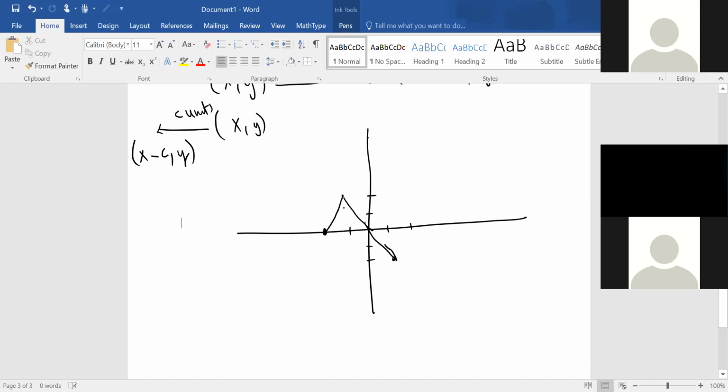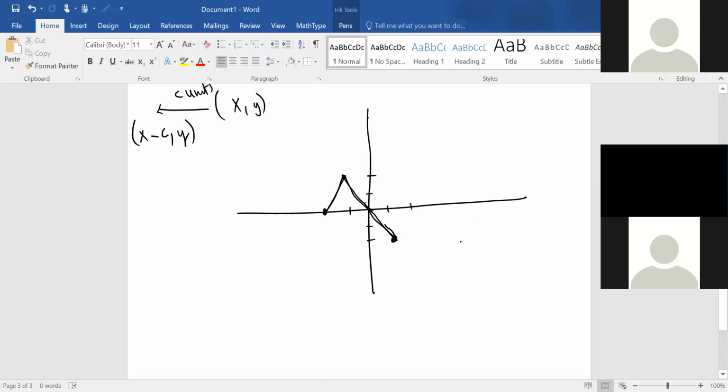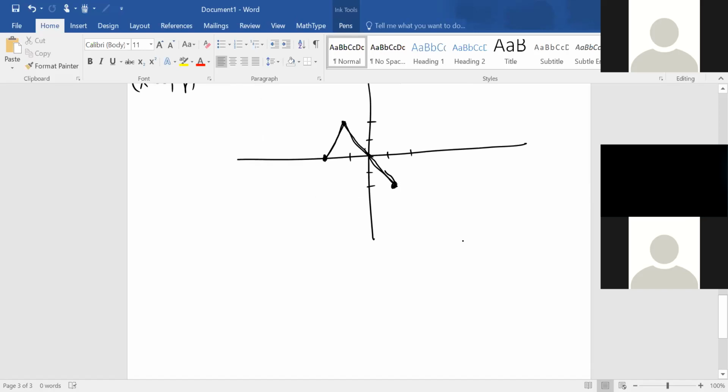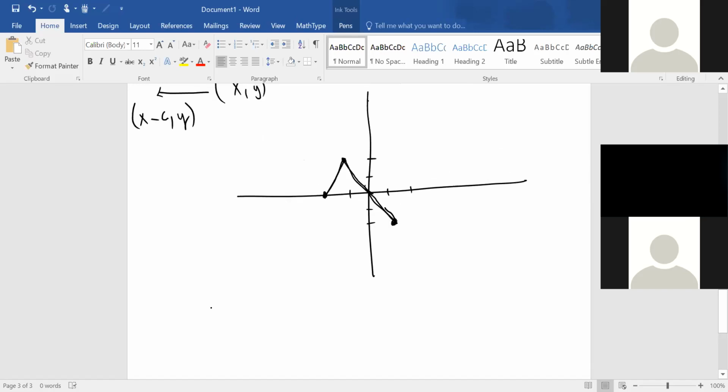That is f. And we ask you to graph y equals f of x plus 2, plus 1.